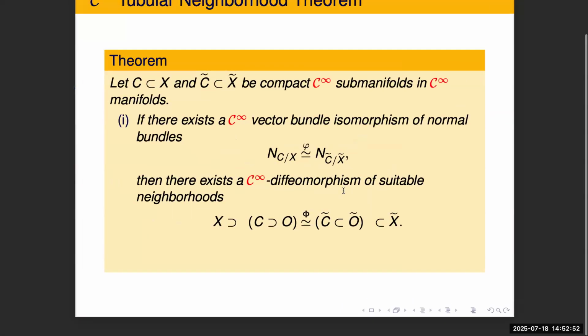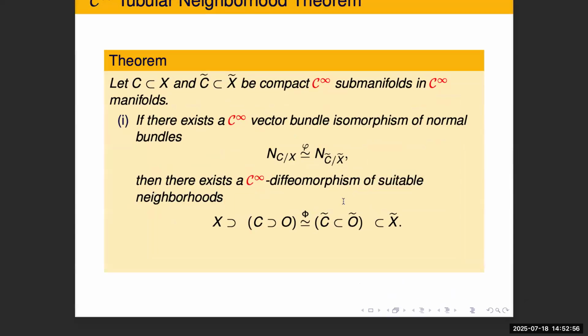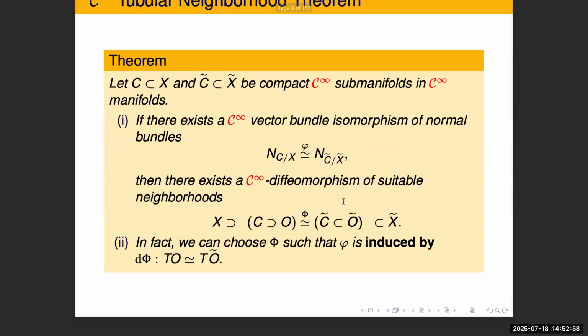And in fact, you can choose the diffeomorphism phi such that the given isomorphism between normal bundles comes from the derivative of the diffeomorphism.